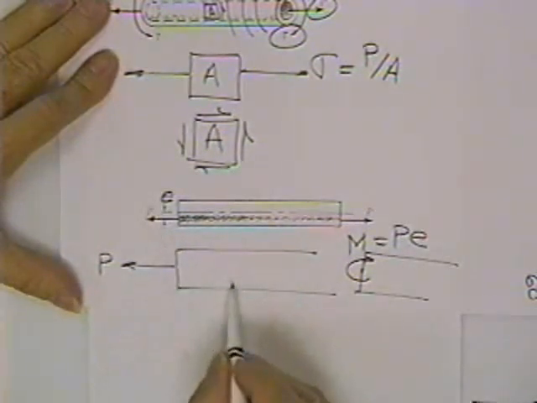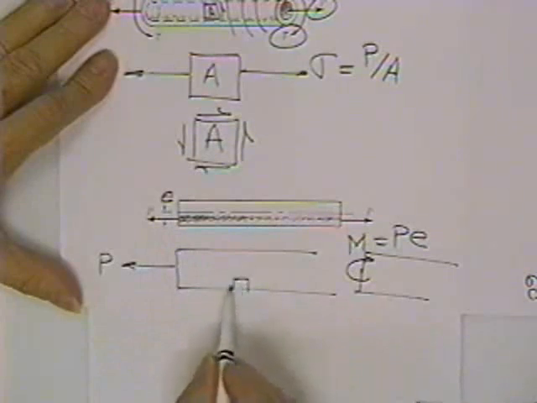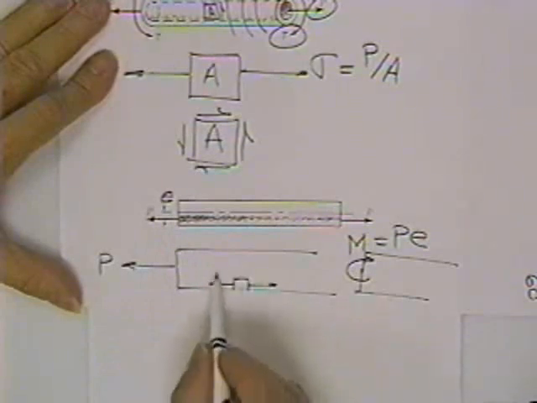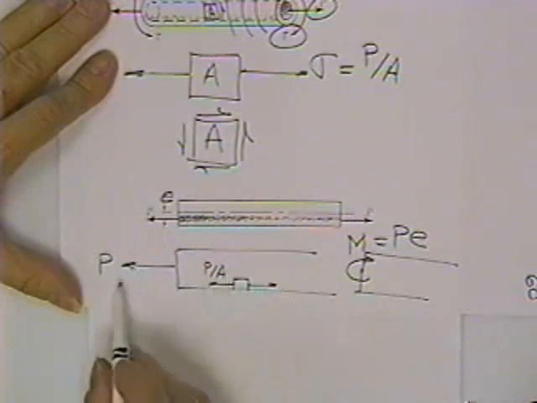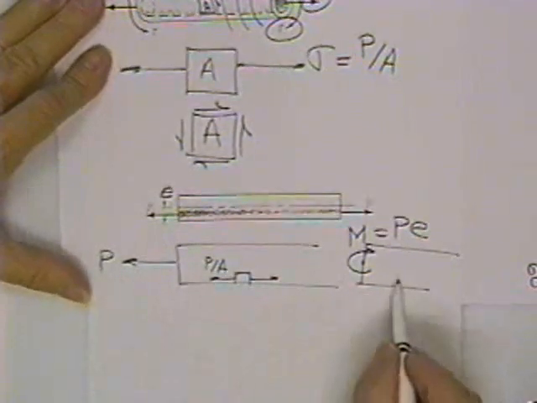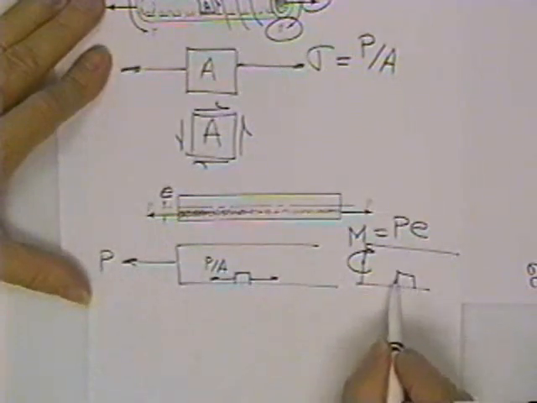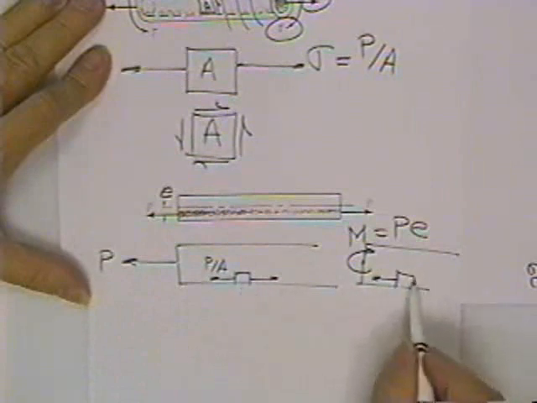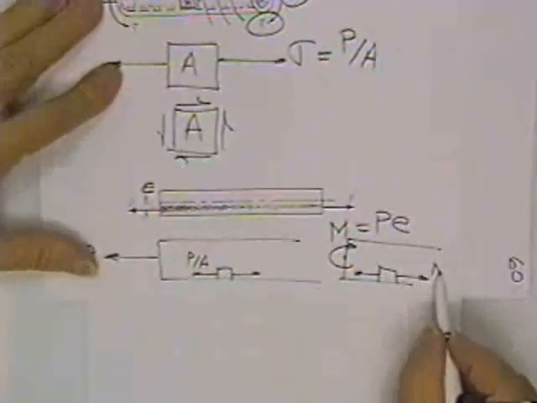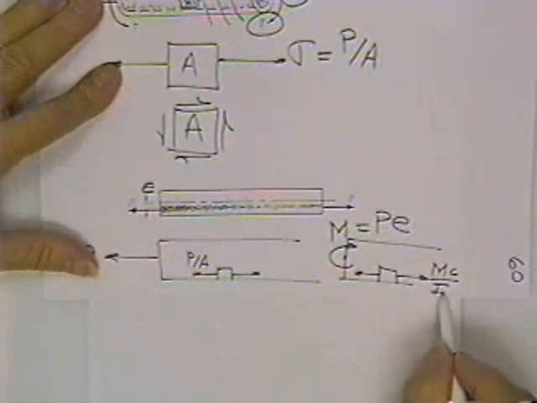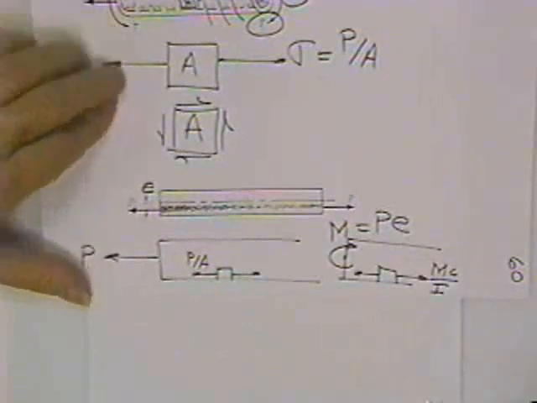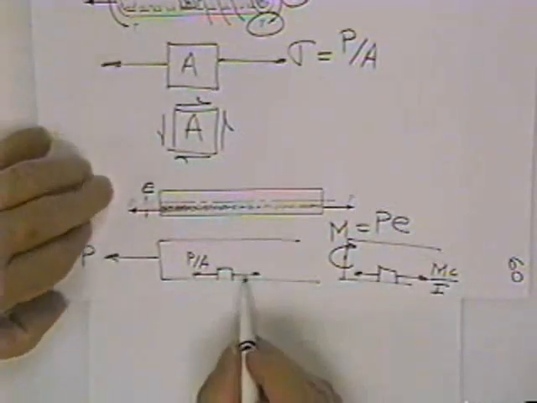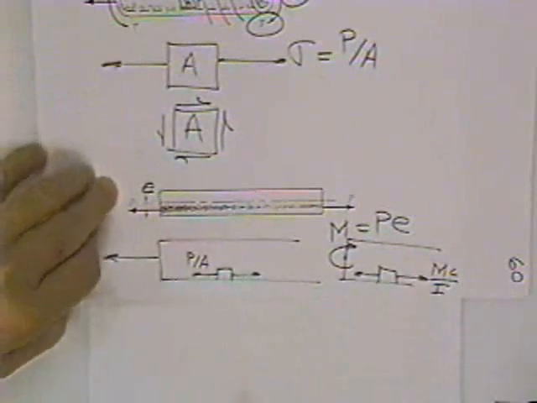So you'd have a little postage stamp, say, on the bottom, which has pure tension on it, P over A because of this guy, but then you'd have some tension on the bottom of this one, same postage stamp. The equation is Mc over I. The final answer would be the sum of these.